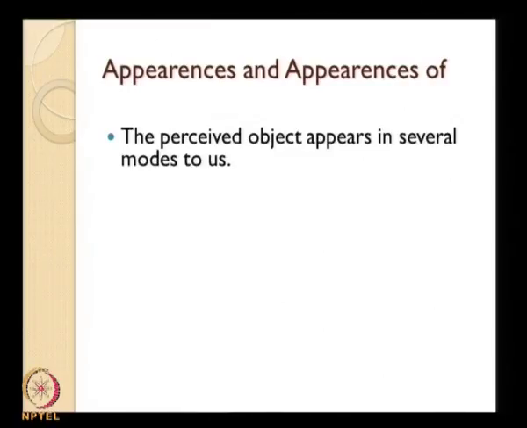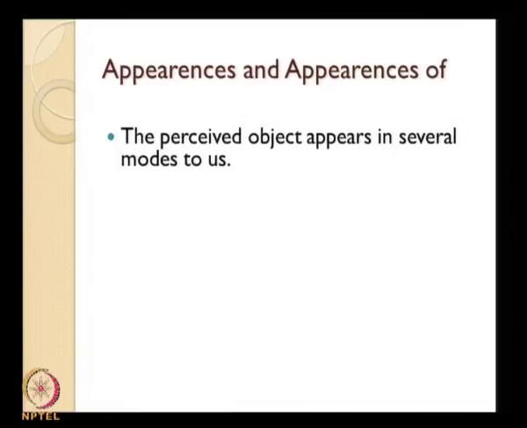Here again there is a distinction maintained between appearances and appearances of. Every appearance is an appearance of something. This offness, this aboutness which we mentioned in the previous lecture, is an integral part of consciousness, the intentionality of consciousness. So, the perceived object appears in several modes to us.